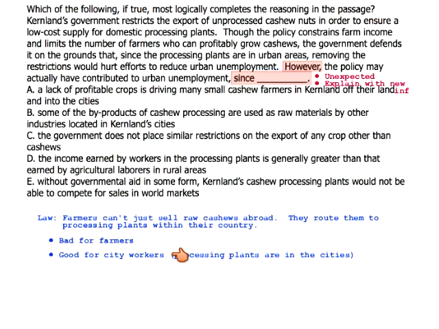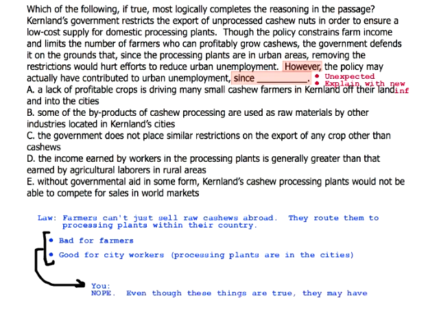But even though these things are true, the restrictions actually make urban unemployment go up.